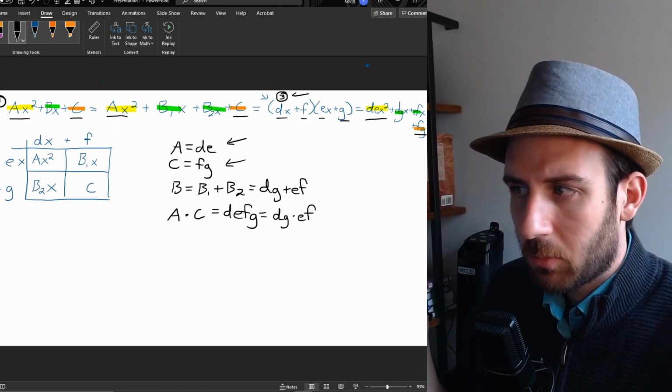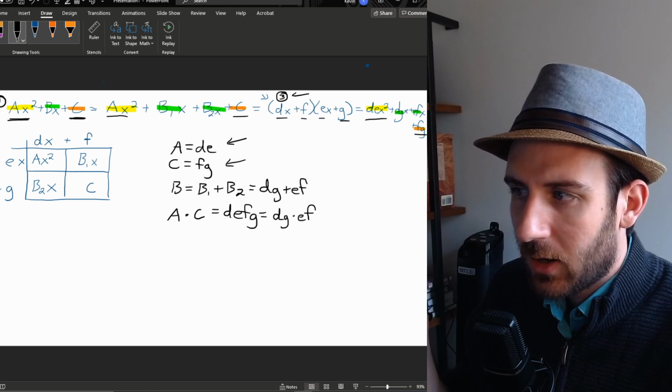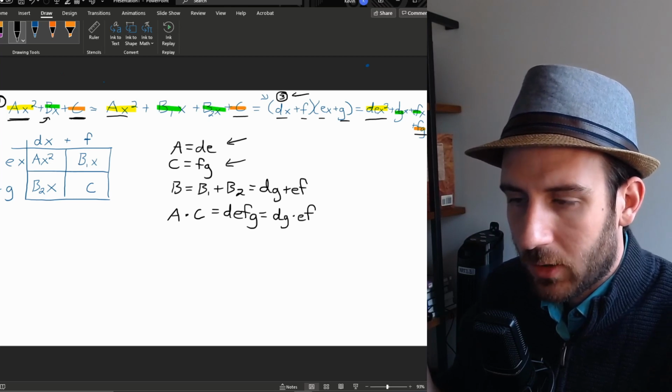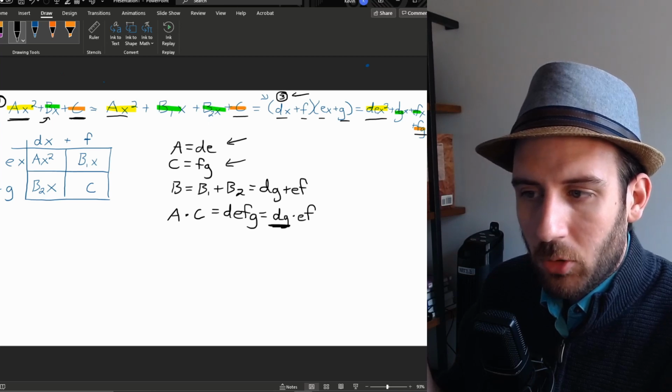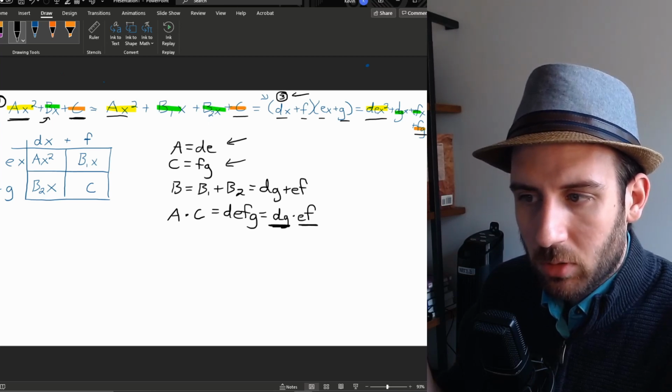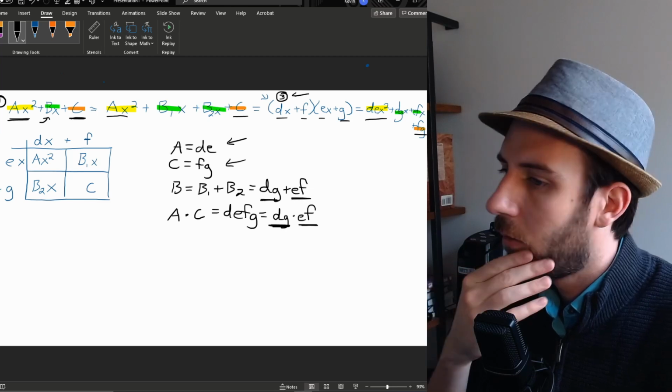We found a connection between this A number and this C number that seem not to change, and this B number which seems to change a whole lot. One is the multiplication of two things, the other is the addition of those other two things.